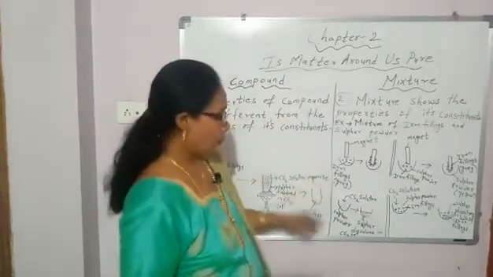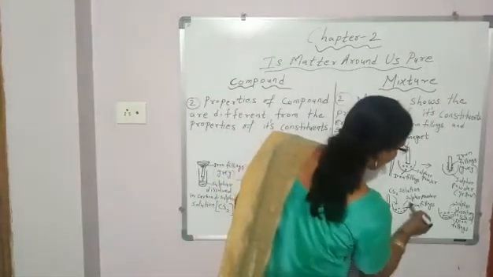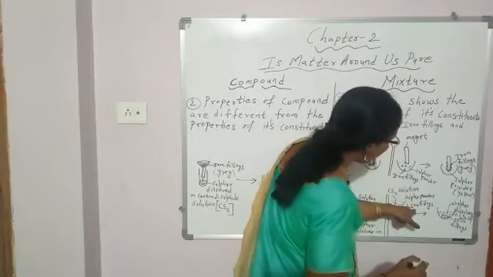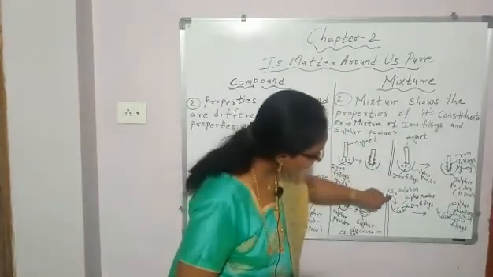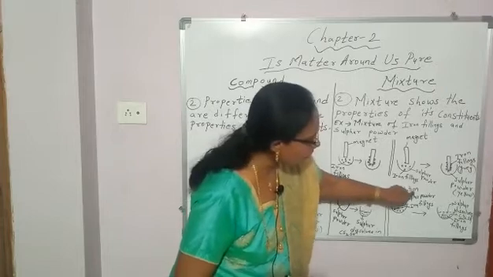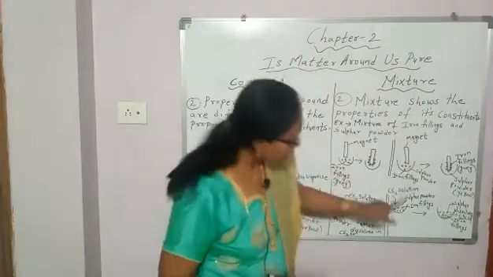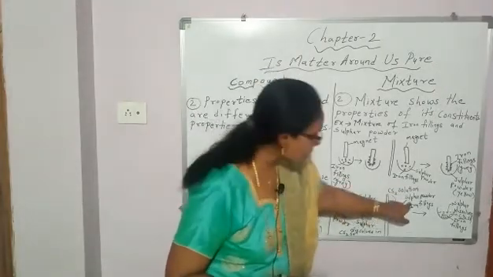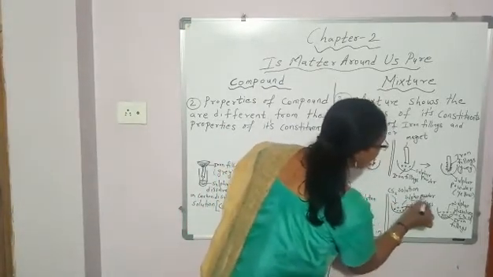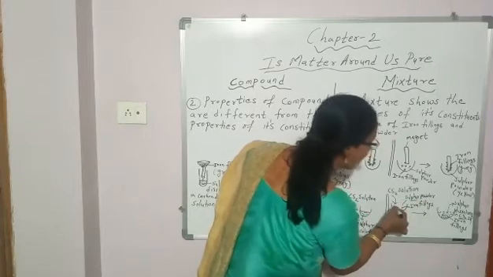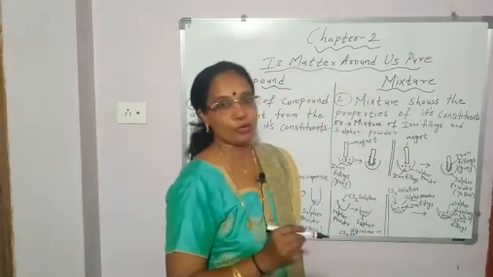Now, next you take in the china dish a mixture of iron filling and sulfur powder, and add to this carbon disulfide solution. So in this mixture also, the constituent sulfur will show its property. And what is its property? It dissolves in carbon disulfide solution.